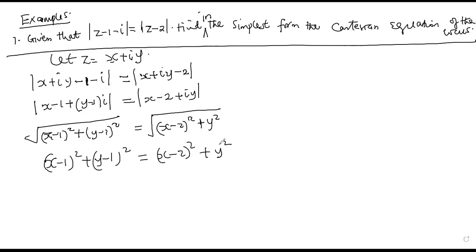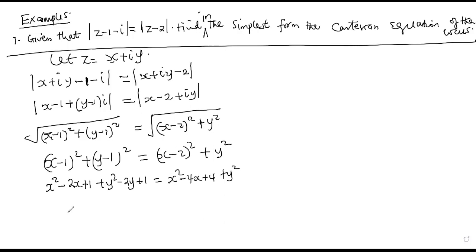If you try to expand it, you're going to have x squared minus 2x plus 1 plus y squared minus 2y plus 1 is equal to x squared minus 4x plus 4, then plus y squared. So x squared and x squared will go, y squared and y squared will go.